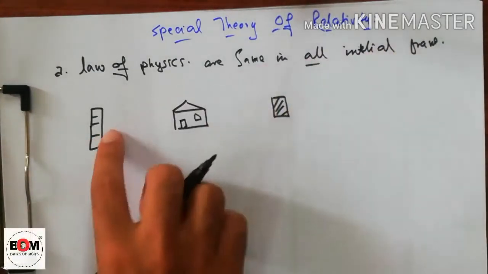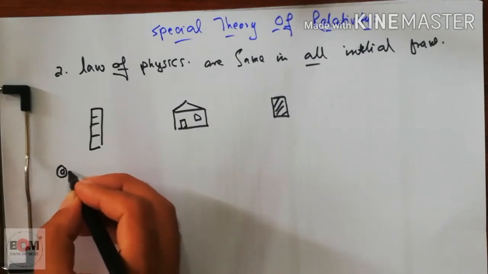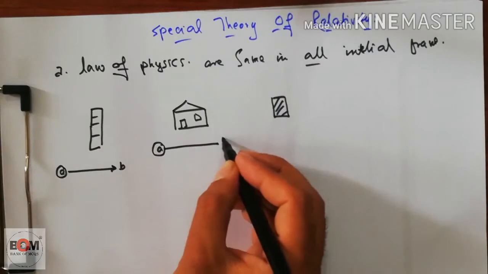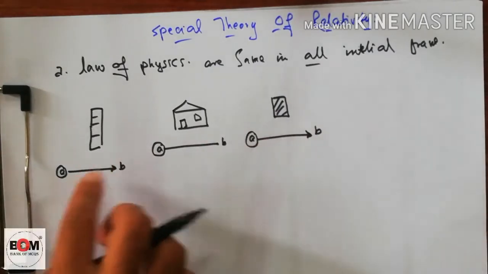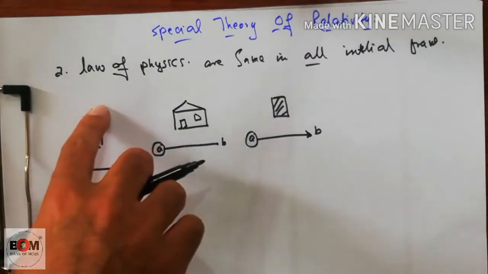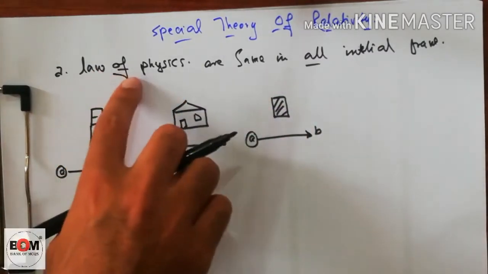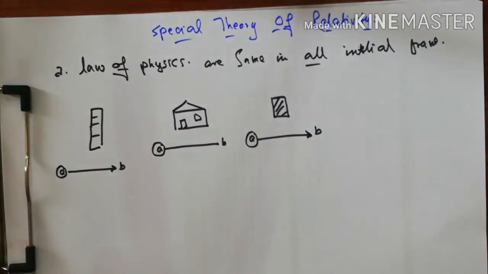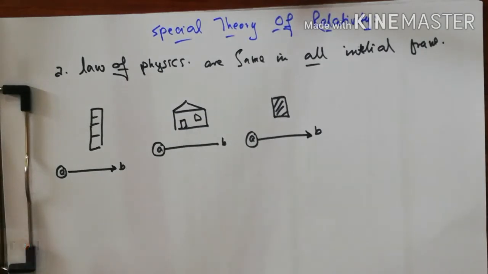So if we have three inertial frames, A, B, C, and a body moves from A to B, in all these cases, as the inertial frames are at rest, it doesn't depend on the inertial frame. So physics laws hold good in all inertial frames. It was first stated by Galileo and embodied in Newton's first law.